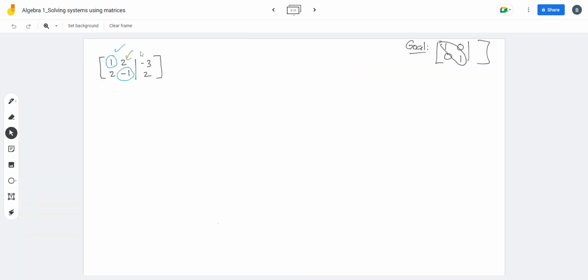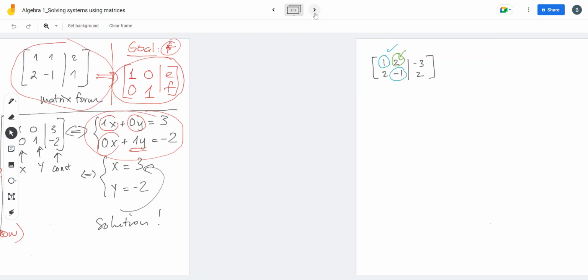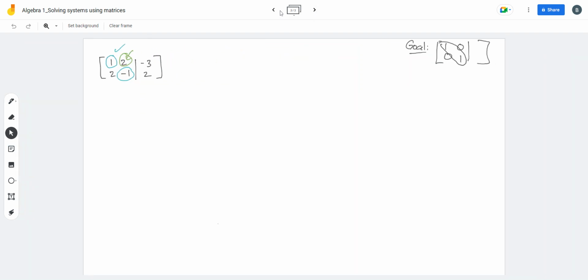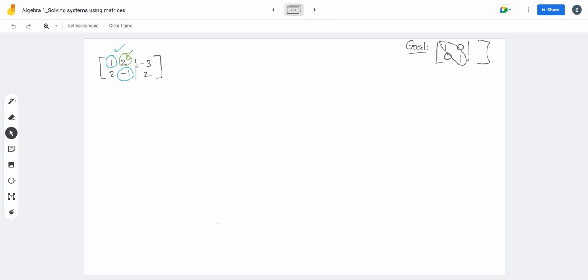Should I switch row 1 and row 2 to get this green number here to become a 0? Probably not, so rule 1 does not apply here. Switching two rows is not very helpful. So let's talk about the two other rules: multiplying any non-zero number to a row, and adding or subtracting two rows. Let's see how it works.